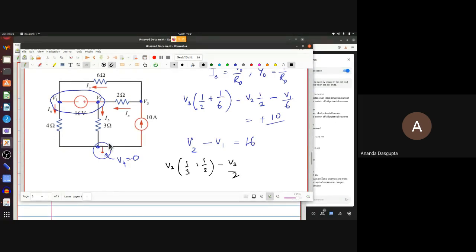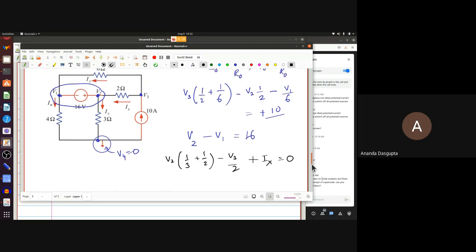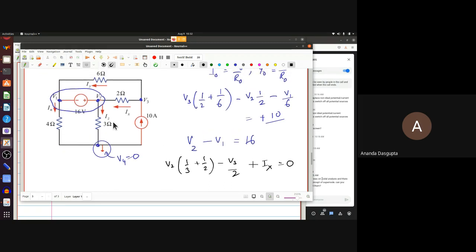Sorry, V4 by 3 is simply 0, so I don't need that. But that's not all. Then you need the current through this, which you don't know. So I just write it as Ix. That's the current flowing out to this. Okay. So that's the equation for V2.